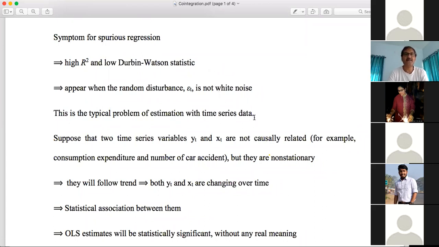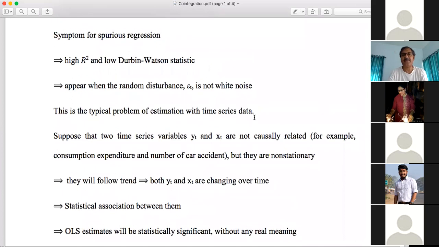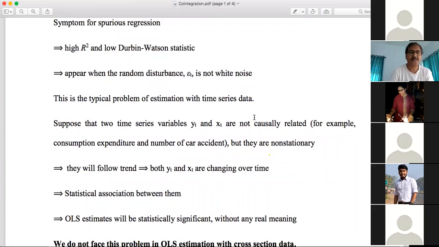Now the question is, why does this kind of problem appear in time series data, but this typical problem does not normally appear in cross-section data? Try to understand this problem. Simple correlation or regression in the statistical sense suggests simply a statistical relationship between two or more variables.